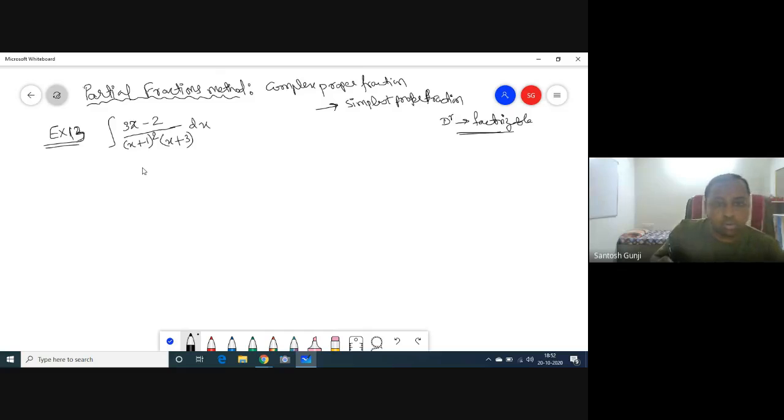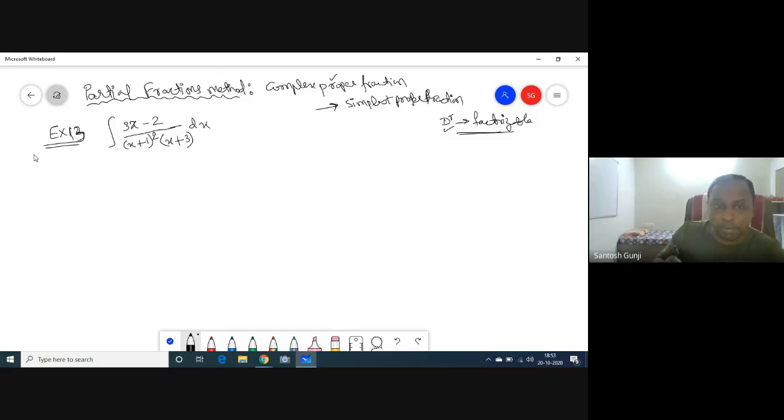Now how to start? If you look at this, first of all, the denominator is completely factorizable, already given in factorized form. Second, the degree of the numerator is less than the degree of the denominator, so it's a proper fraction. The denominator is factorizable. Two conditions are fulfilled, so I can use the partial fraction method.